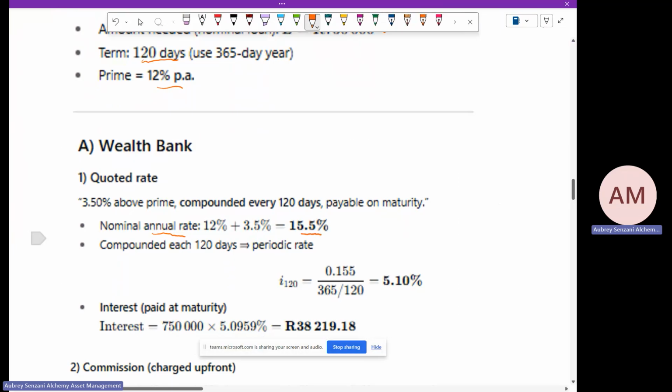We calculated that. Here they've done it a different way, but what I'll do is I'll just say 120 divided by 365 times 0.155.